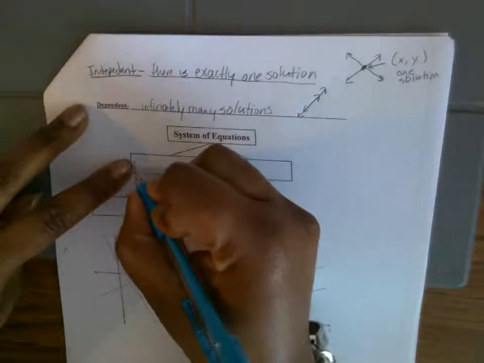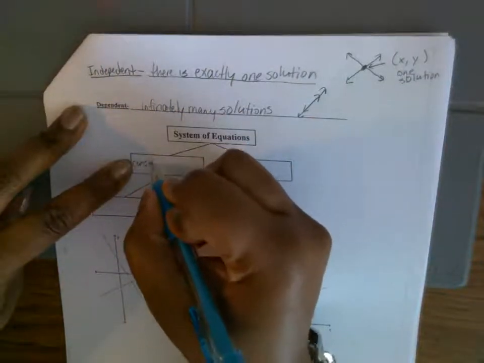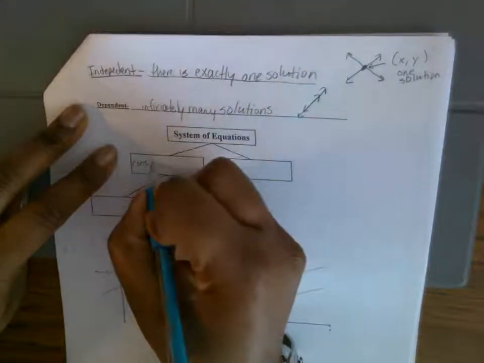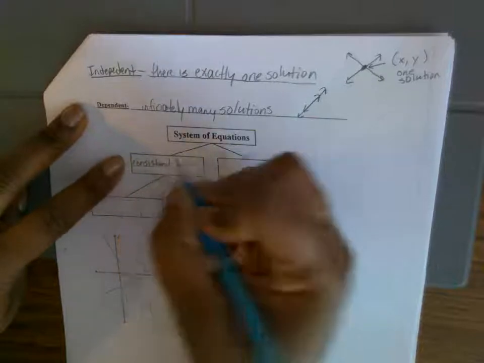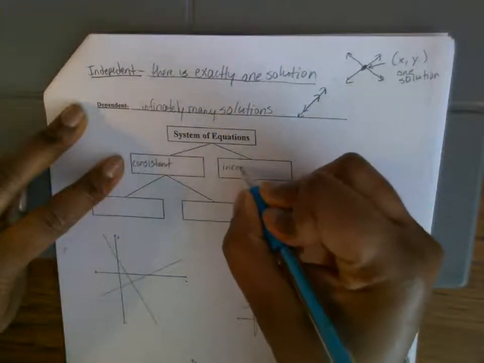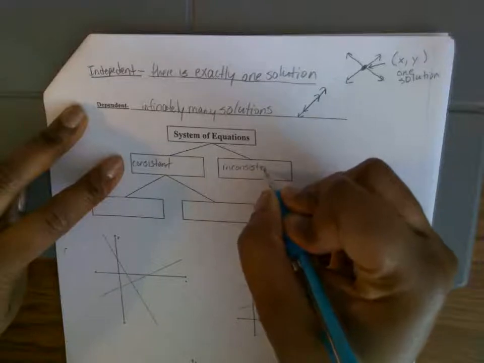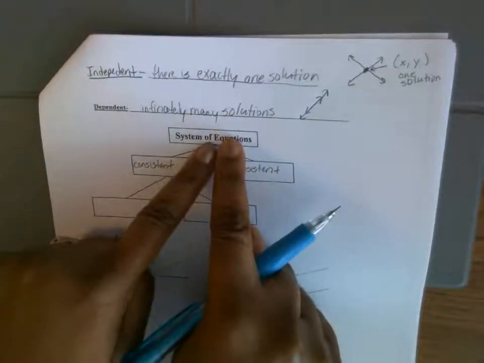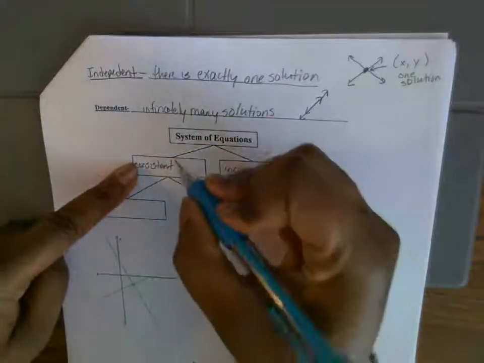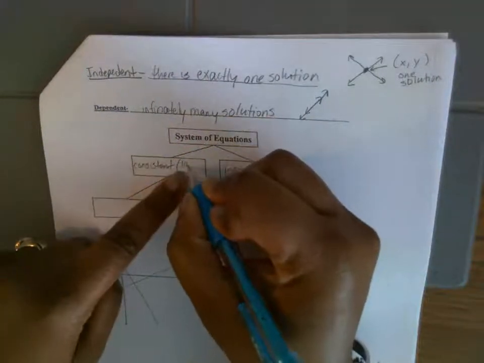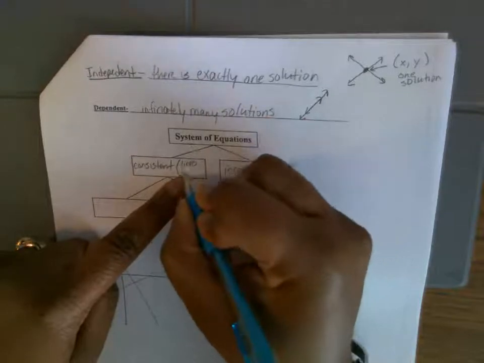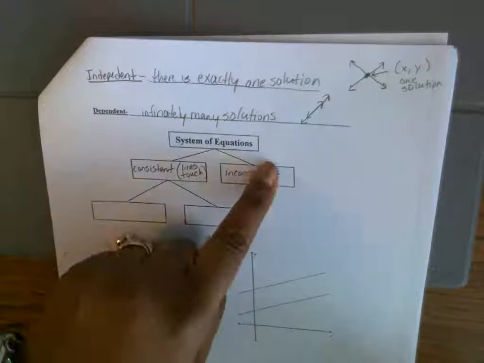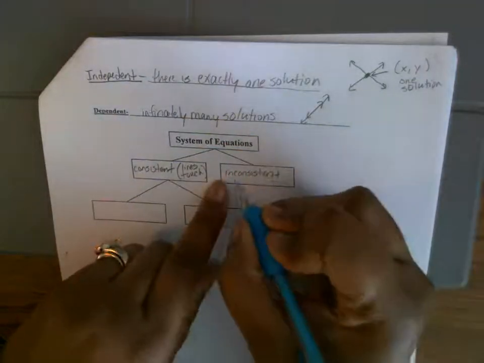So we're going to put consistent here. So a system of linear equations is either going to be consistent, that means lines touch, or they're going to be inconsistent, lines do not touch.